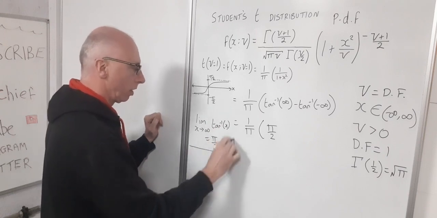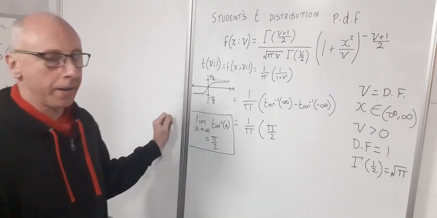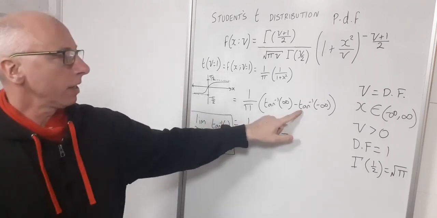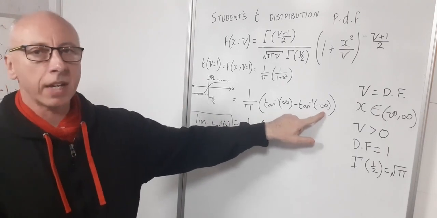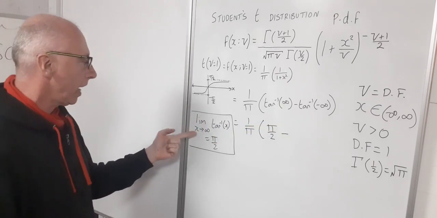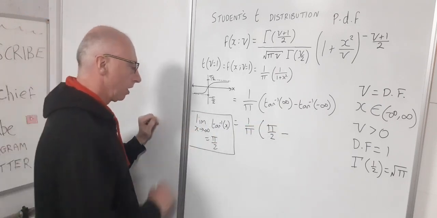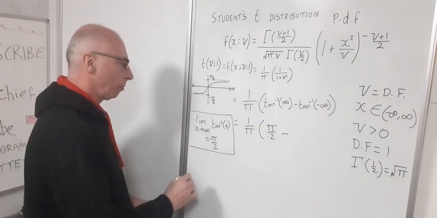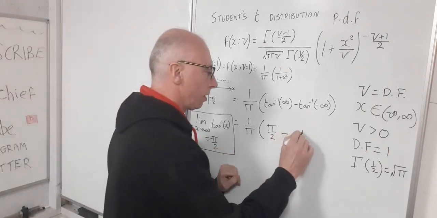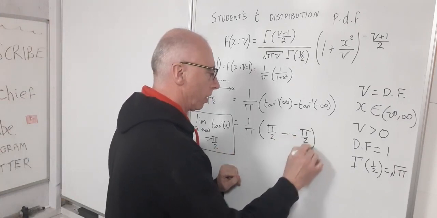So that's also the same as what we've got here. And then we're going to subtract the inverse tangent at negative infinity, which is negative pi over 2. So here I can write x approaches negative infinity, and I will get negative pi over 2. So now I've got minus negative pi over 2.